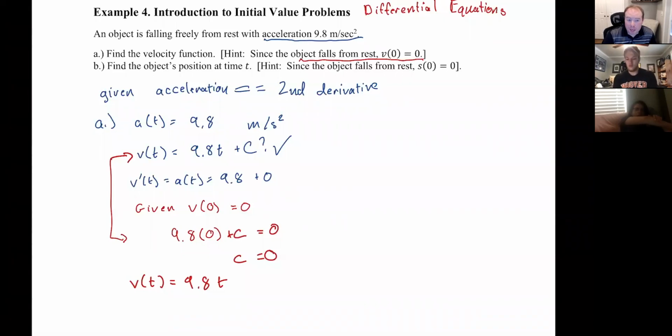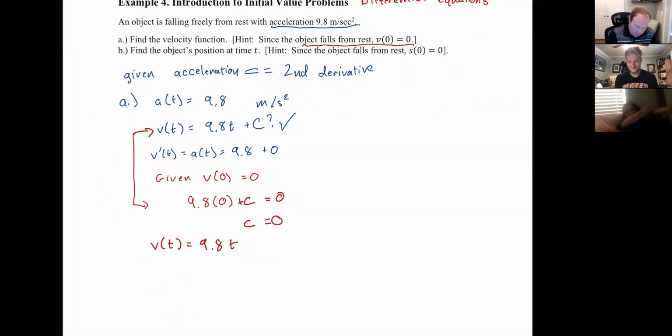So for part B, we have to find the object's position. Remember, again, what is the position function? If you recall, S prime of t is the velocity.